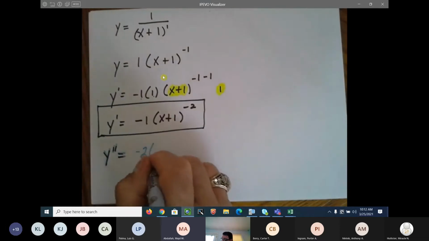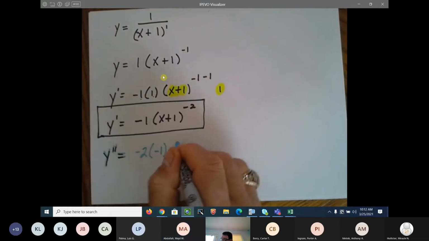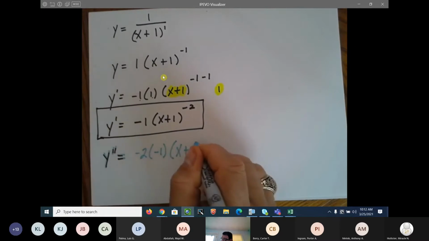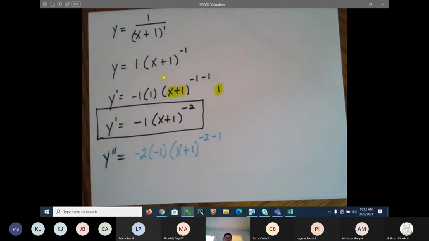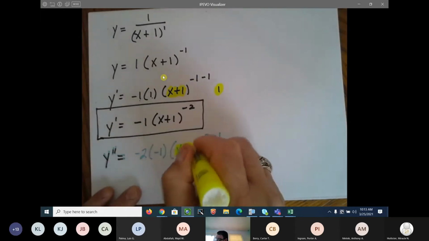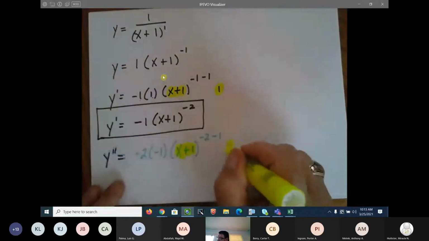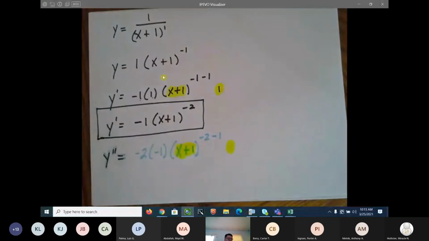Negative 2 times negative 1 times x plus 1 to the negative 2 minus 1, and then I've got to take my handy dandy highlighter and highlight this, because we're doing the chain rule, and the derivative of what's inside is 1.